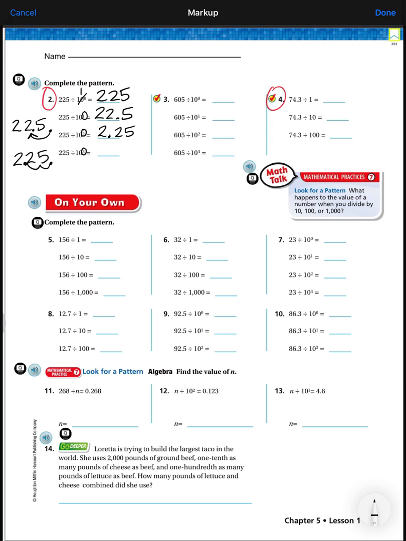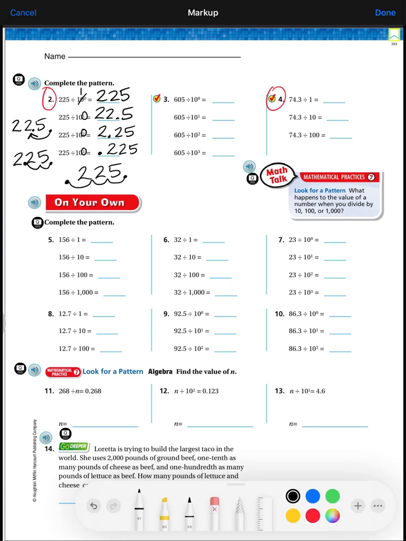Okay. Same with the last one. This little number 3 tells me I have to move it 3 places to the left. So I have 225, decimal point at the end, 1, 2, 3. My new answer is decimal point 225.